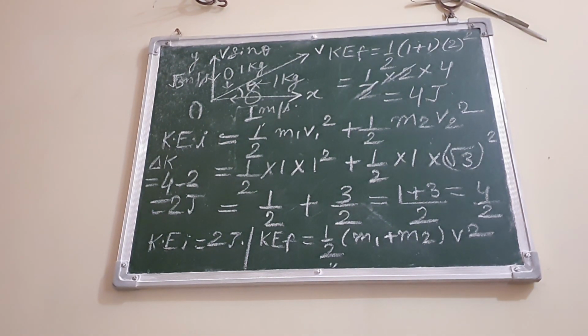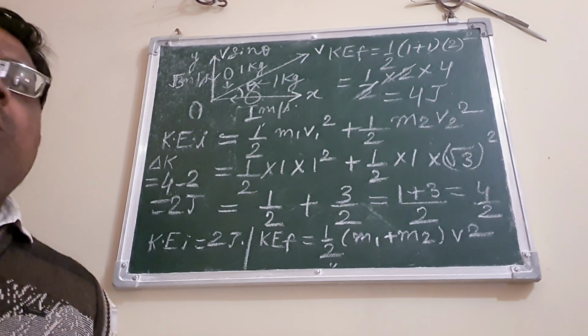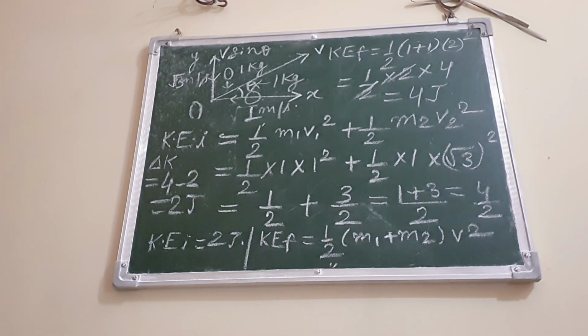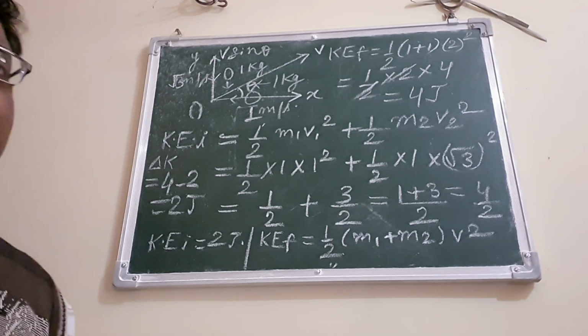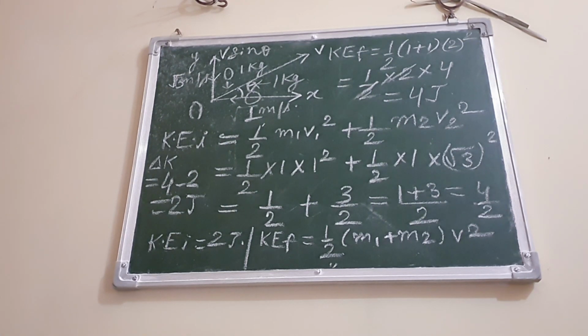Kinetic energy final is equal to half of (m1 plus m2) into v square. V is the final velocity with which the bodies move after sticking together after collision. So substituting the values, half of (1 plus 1) into 2 square, so it will become half into 2 into 4, so it will come out to be 4 joules.